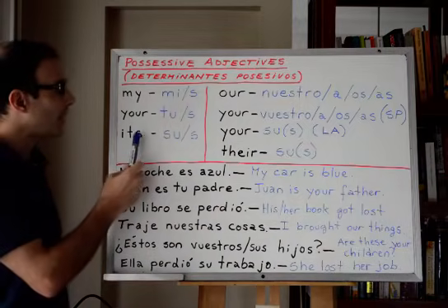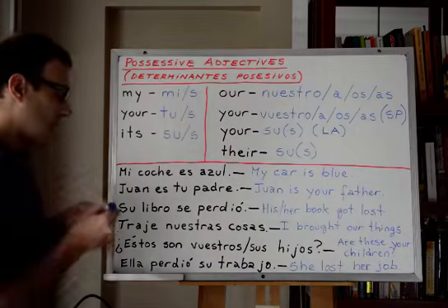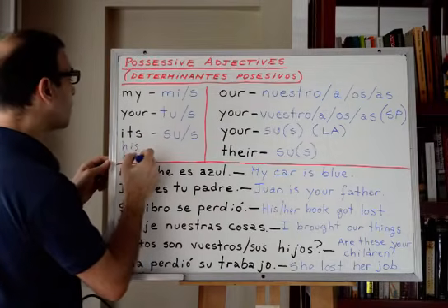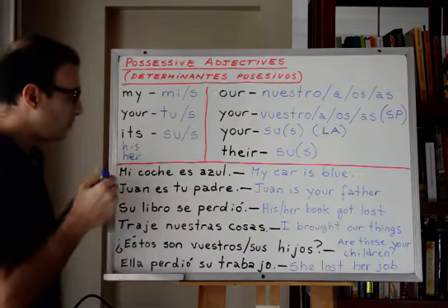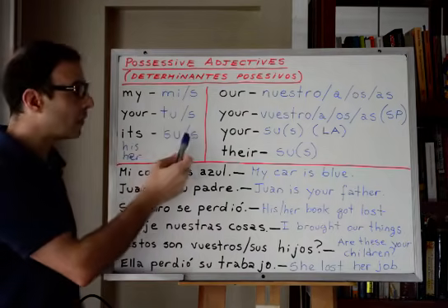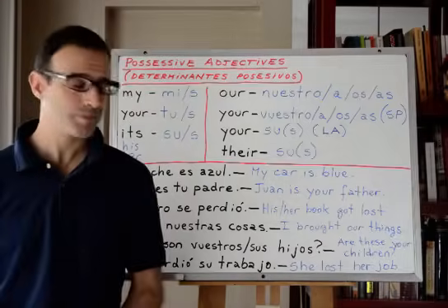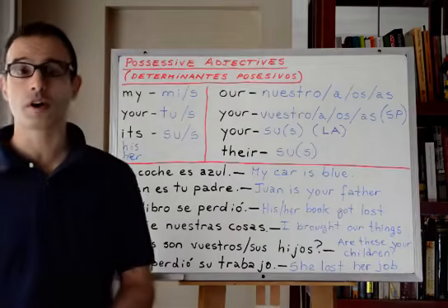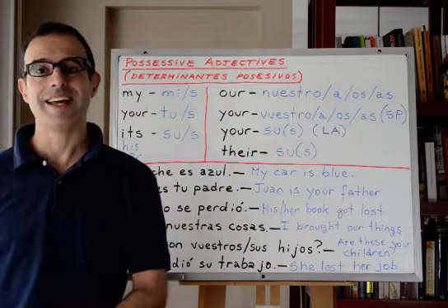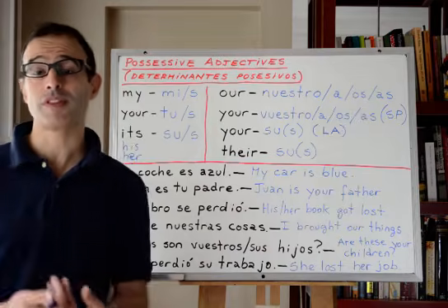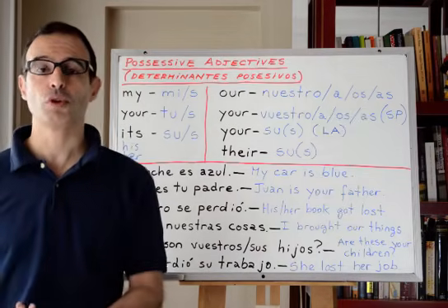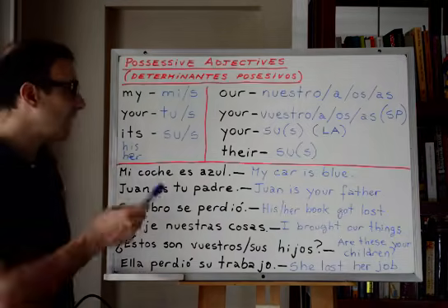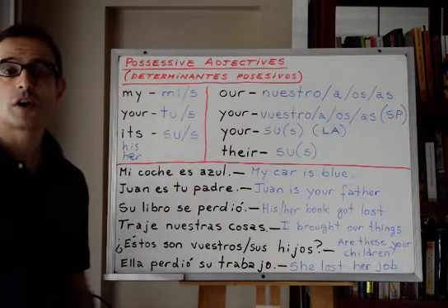And for its, his or her, it would be su for the singular and sus for the plural. For example, este es su coche. This is his car or her car. We'll say este es su coche for the singular, or estos son sus coches, for these are his cars or her cars.